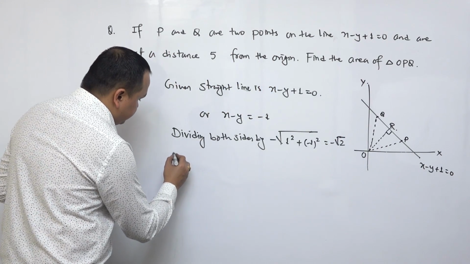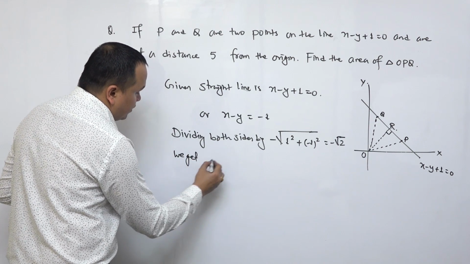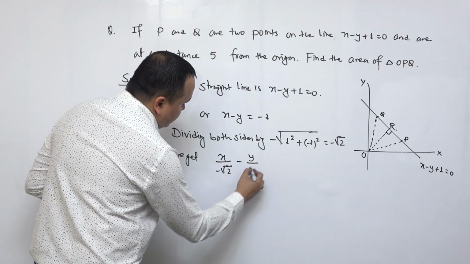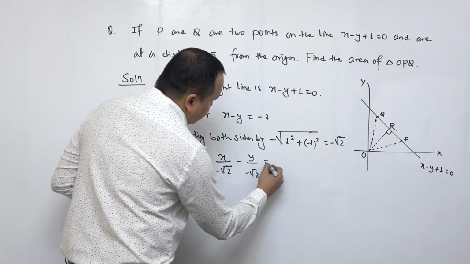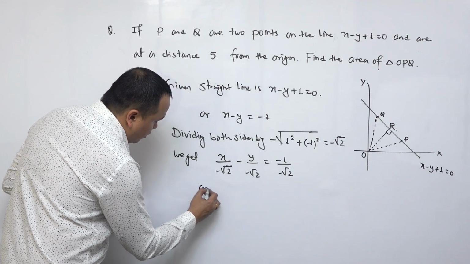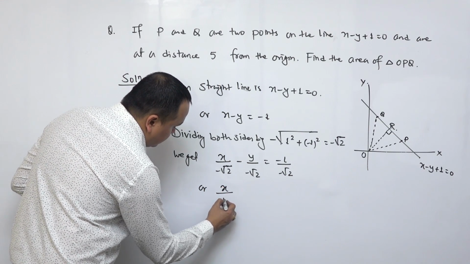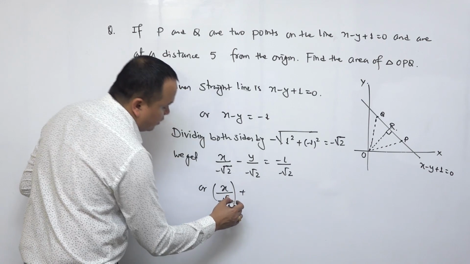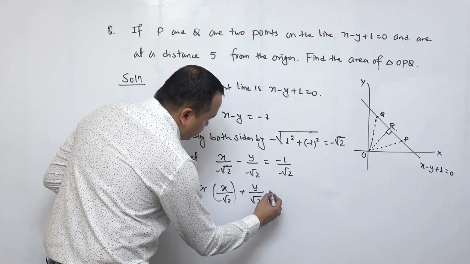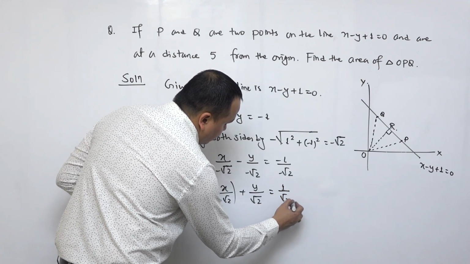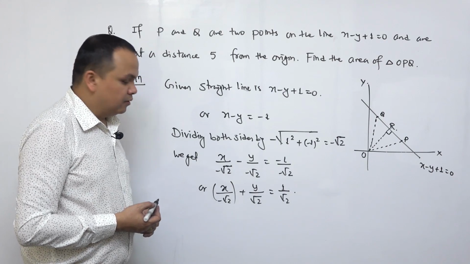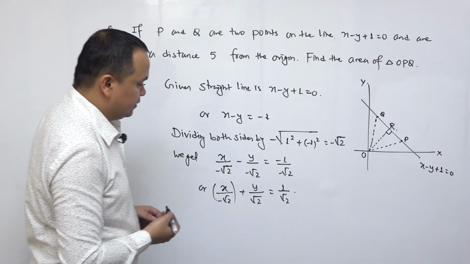We get x upon minus root 2 minus y upon minus root 2 is equal to minus 1 upon minus root 2, or this is x upon minus root 2 plus y upon root 2 is equal to 1 upon root 2, which is in the form x cos alpha plus y sin alpha is equal to p.